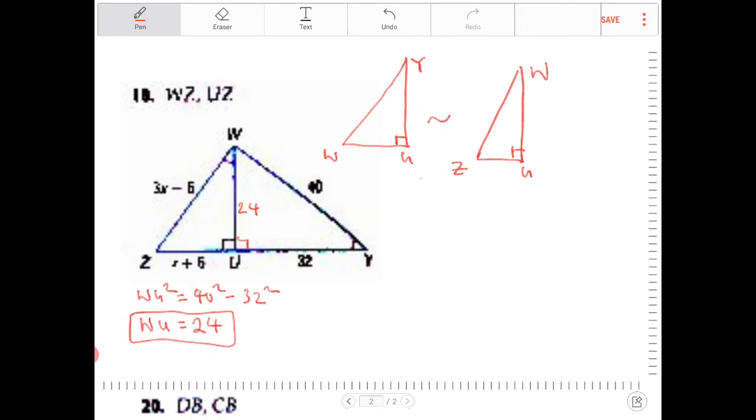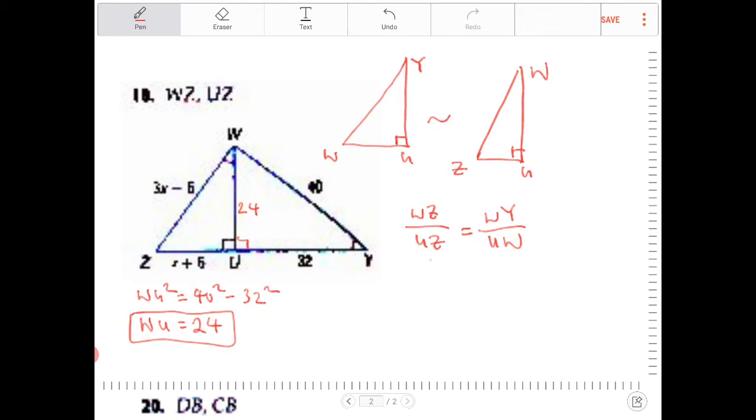So then I can say that WZ over UZ is equal to WY over UW, or WU. Okay. WUZ to UZ, so hypotenuse to leg. WY, hypotenuse to leg. Yes, that's it.